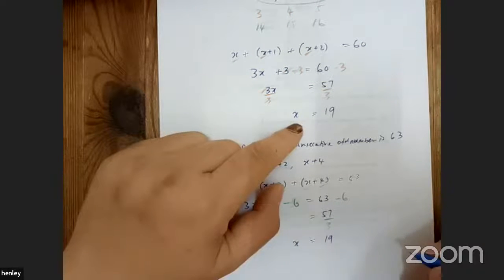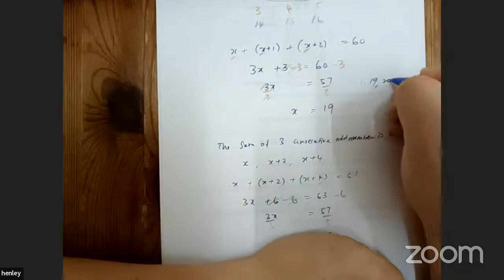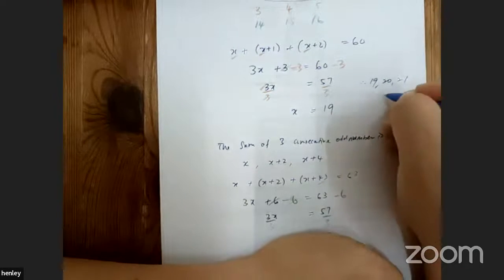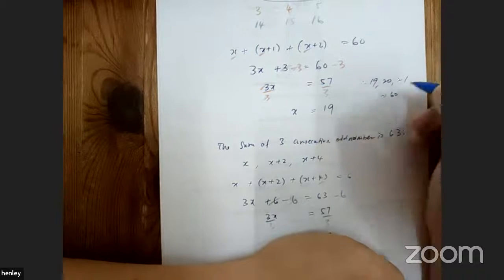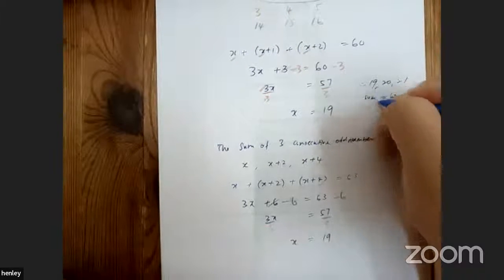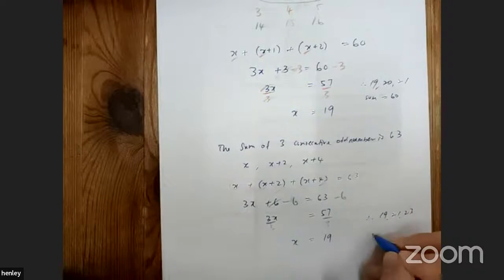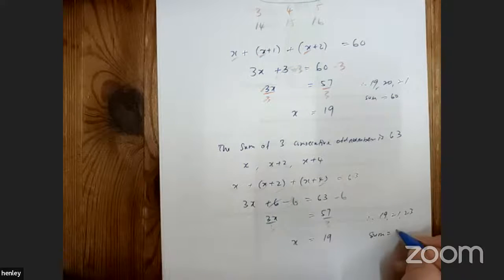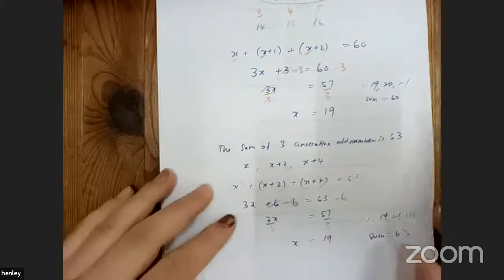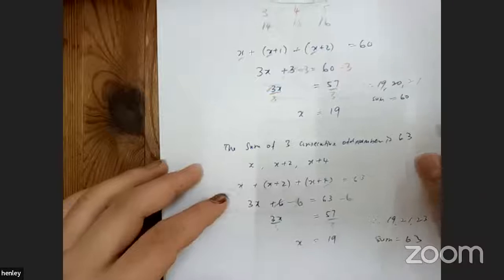For this one, the answer is 19, 21, 23. If it were 19, 20, 21, adding them together gives 60. But for 19, 21, 23, when you add up everything, the sum is 63. Okay, this is the so-called consecutive equation.